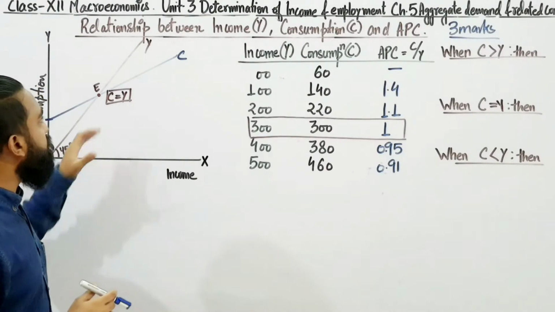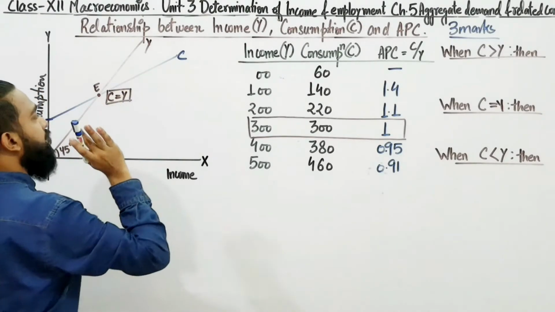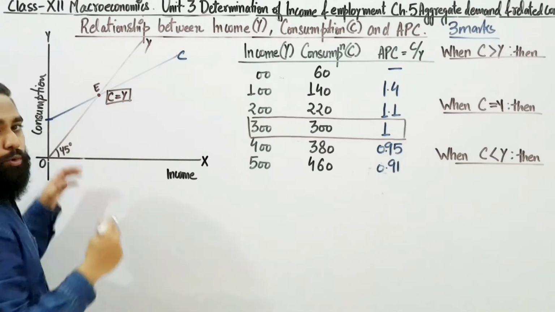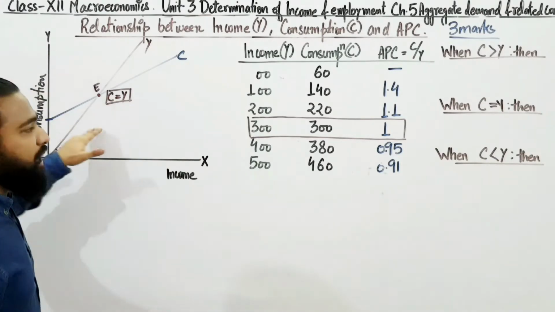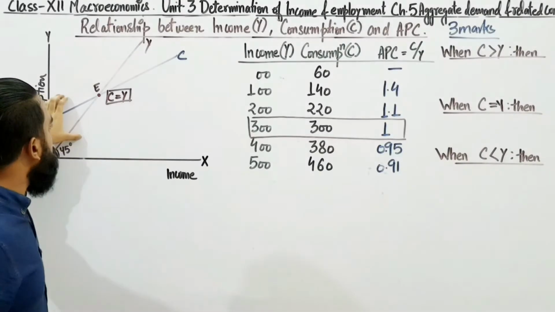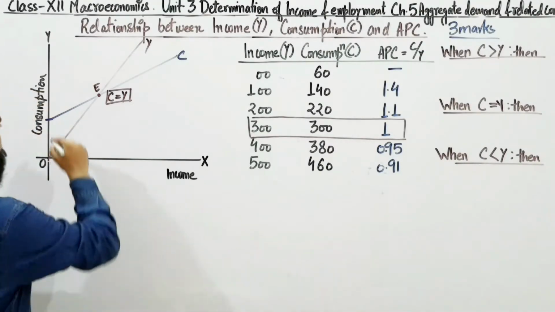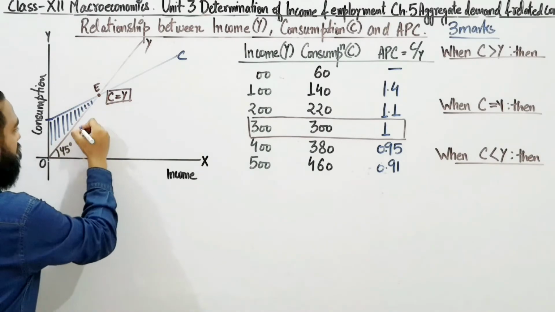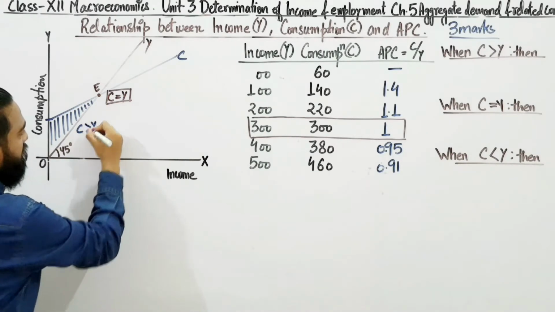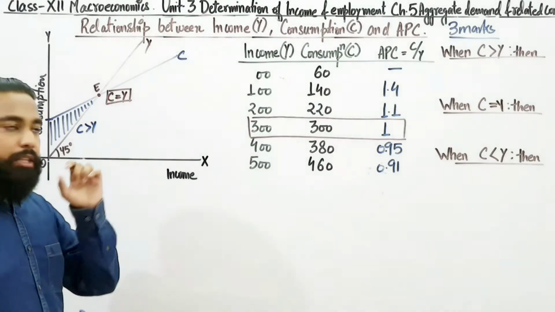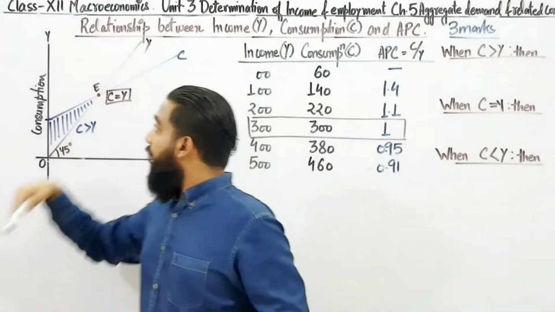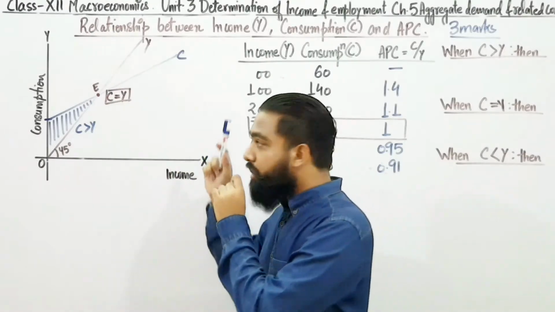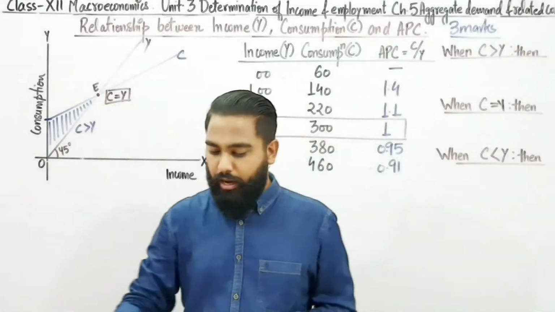Now if you see, there are 3 portions. Where the consumption, this blue curve, is above the income curve, this portion shows that consumption is more than income. So at this level consumption is more than the income.